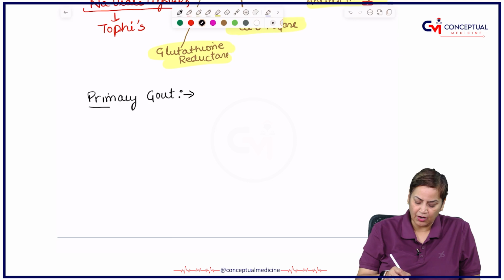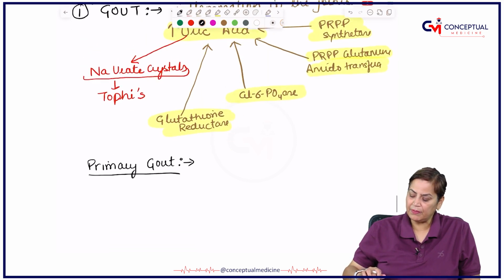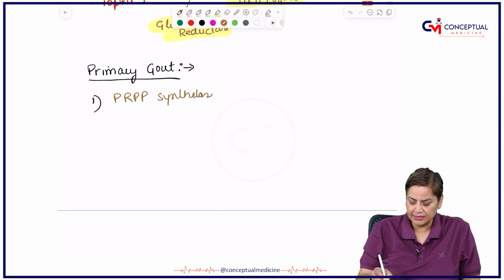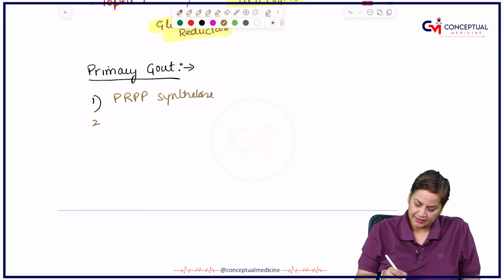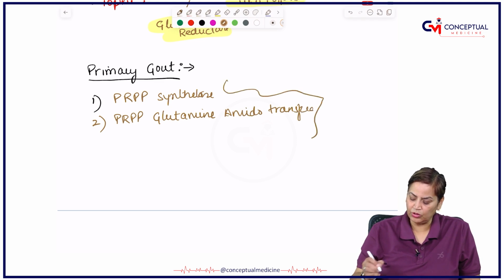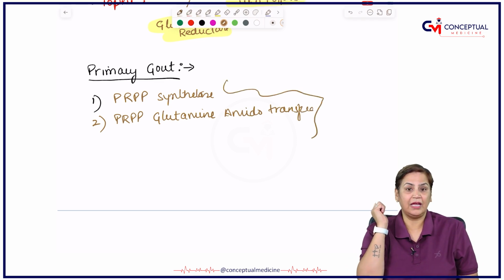Under primary gout, the first enzymes are PRPP synthetase and PRPP glutamine aminotransferase. If we talk about both these enzymes, what is the feedback inhibition?